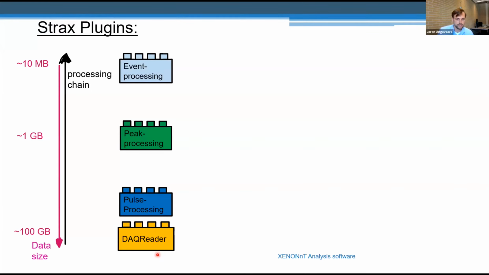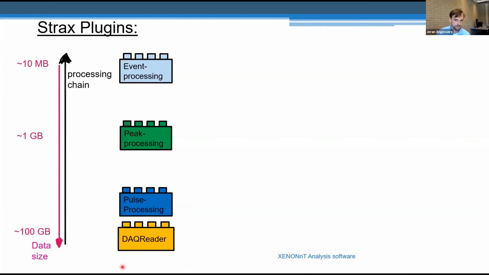Then when we start reading this in with Python, we have a DAQ reader, which is able to read the format and convert that to the Python format we are using later on. We then have to process the pulses to get the peaks and events. And as you can imagine, at the lowest level, all these raw PMT traces, there's a lot of data there.